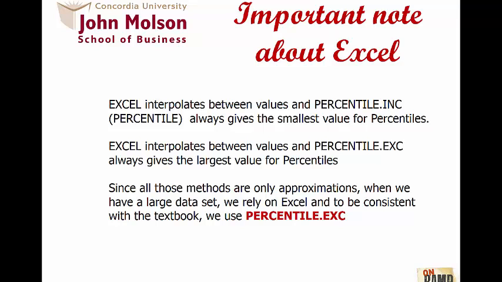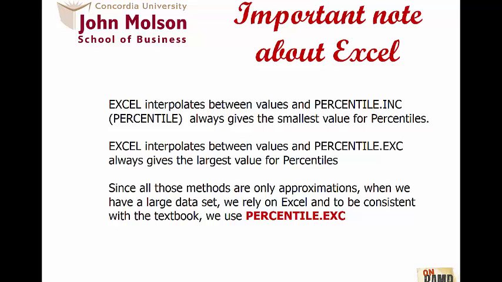Many people don't like to interpolate, but this is how Excel does it. Between values, percentile.inc will give the smallest value for the percentile. We don't use this one. We will use instead percentile.exc, which gives me the largest value for the percentile. Since all those methods are only approximations, when we have a large data set, we have to rely on Excel to be consistent with the textbook.